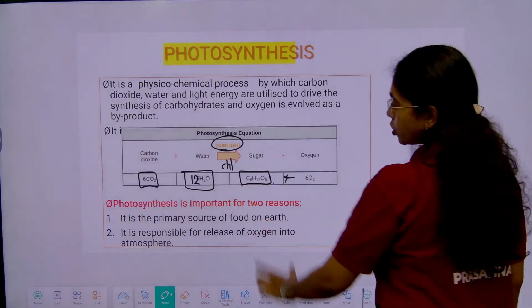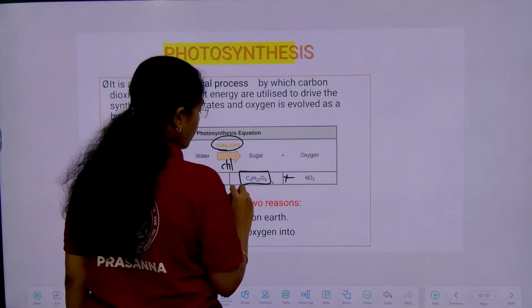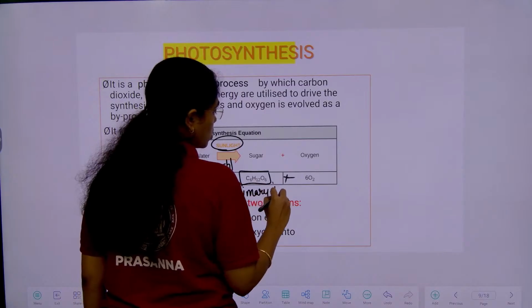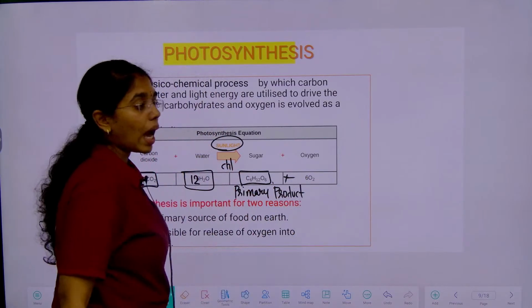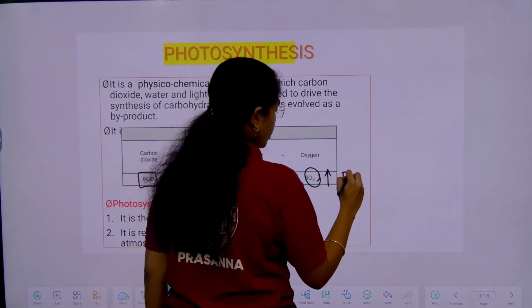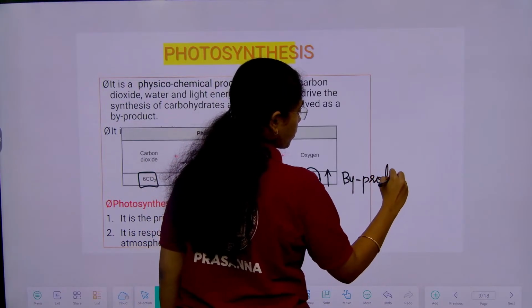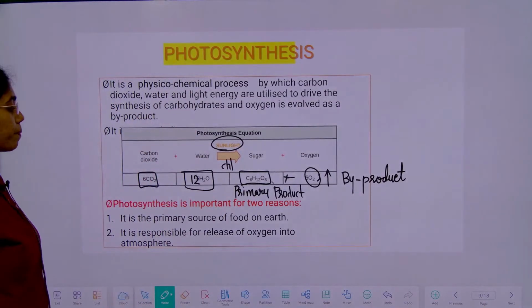In the products, what is the main product? Glucose is the main product or primary product of photosynthesis, and oxygen is evolved as byproduct.